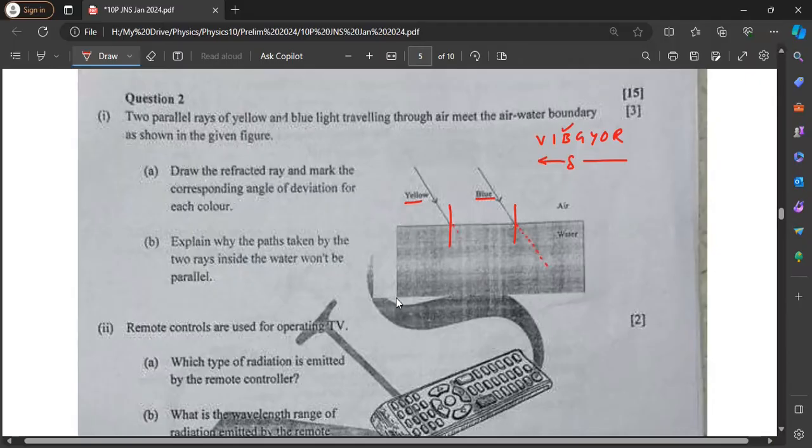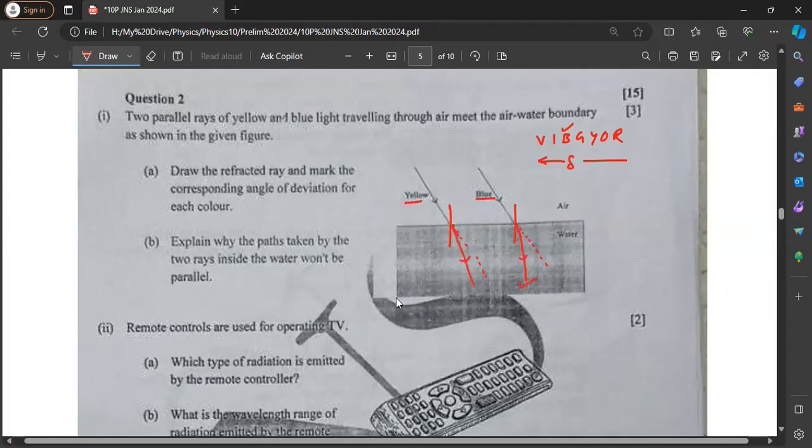Both of them are parallel. But you have to distinctly draw the deviation of blue more than that of yellow. So the teacher should understand that you have drawn it that way. I don't have a scale now, but with your naked eye, it should be very clear that this one is bending more. No one has to take a measurement of the angle to show that.